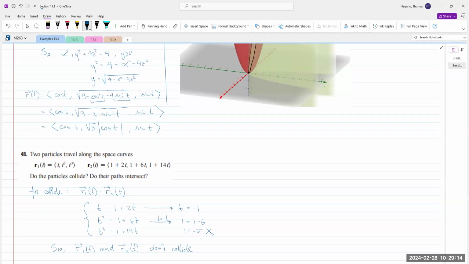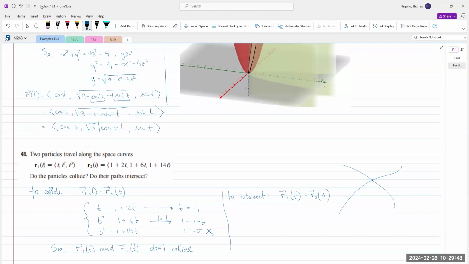Now, do they intersect? Then R1(t) needs to be equal to R2(s). Okay, intersect means the paths intersect, but they may not reach the intersecting point at the same time.